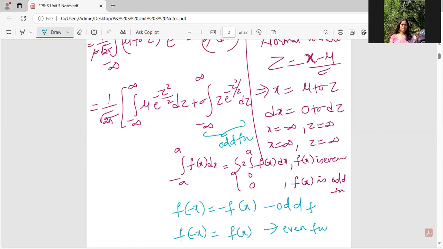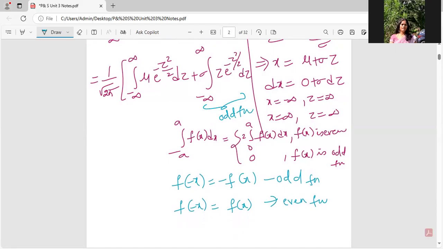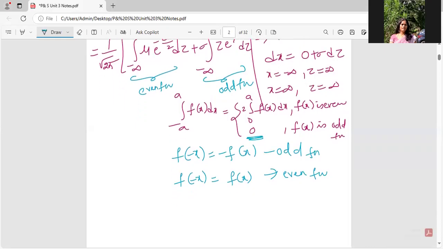You can ask me, if I don't get either of those cases, then what do I say? It's neither even nor odd, and I cannot write anything like this. So this is an odd function, and the second integral goes to 0. This first one would be an even function. Put minus z and see, I'll get back the same function again.